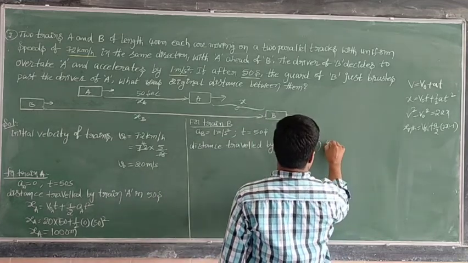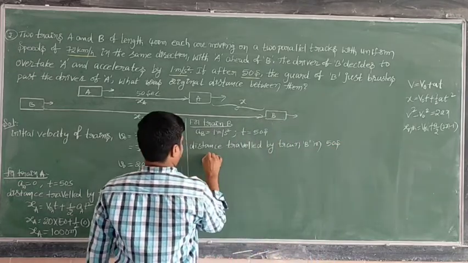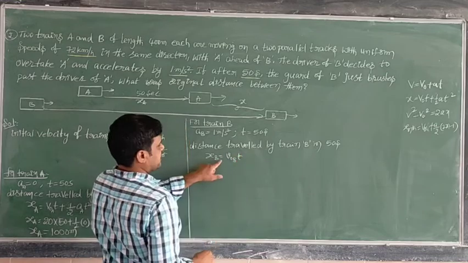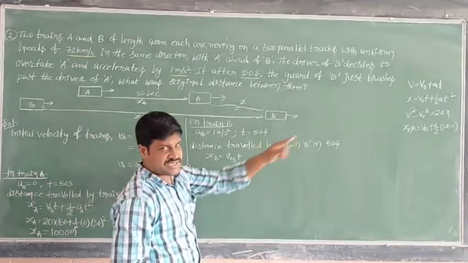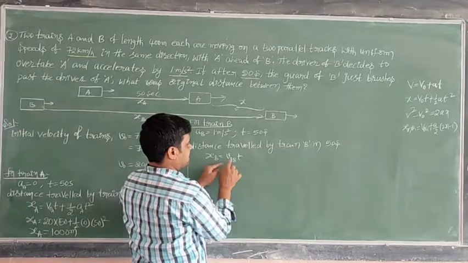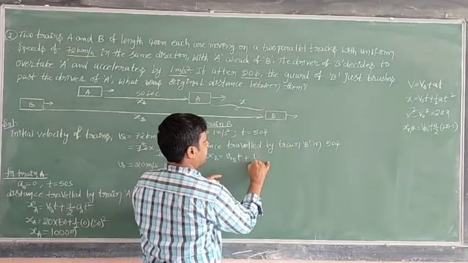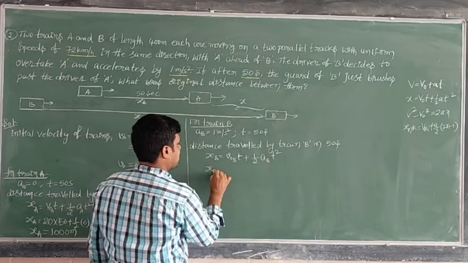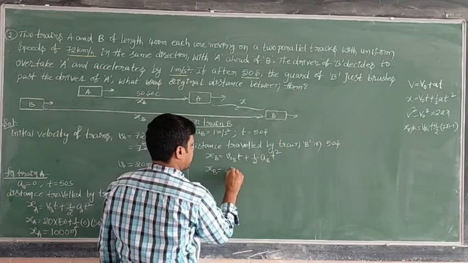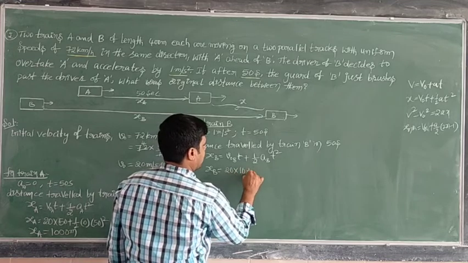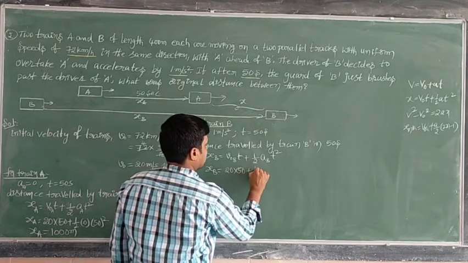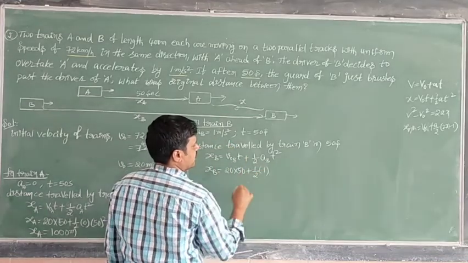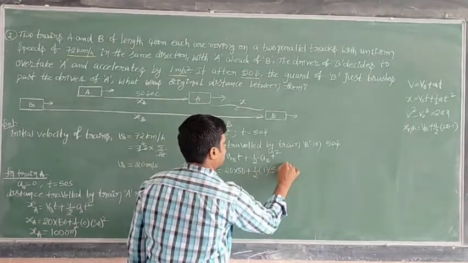Once again, the second kinematic equation: xb is equal to v naught t plus half a t square. That means initial velocity of train B into time plus half into acceleration of B into time square. So xb is equal to 20 into 50 plus half into 1 meter per second square into 50 whole square.